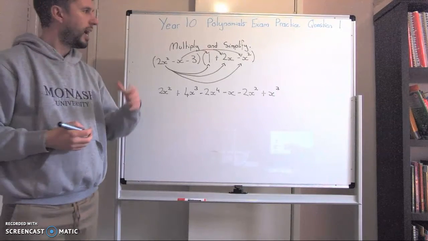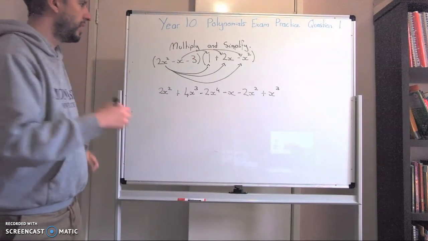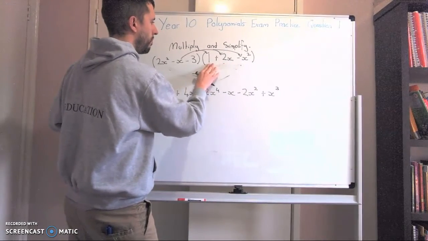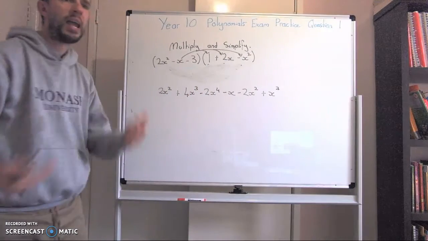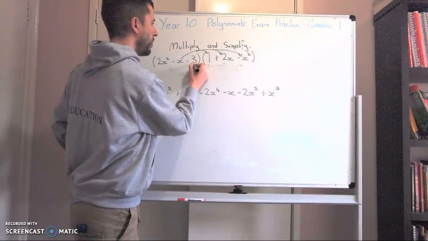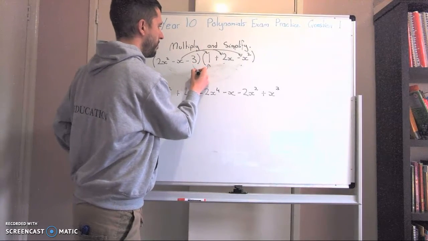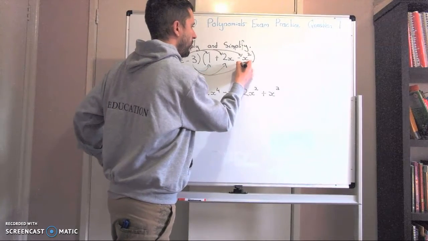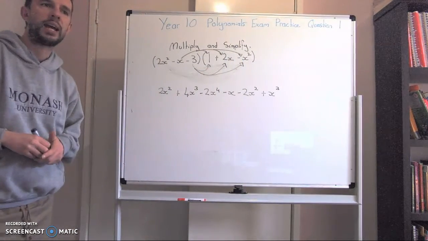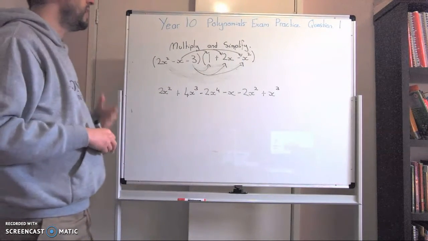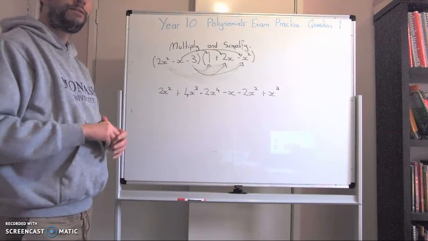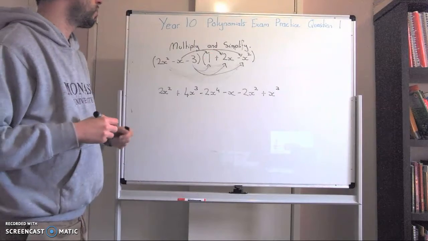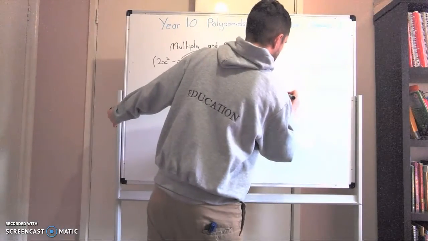Now finally, I need to look at my third one. To make it easier, I'm just going to take off this part here, so I'm able to see. Now I'm doing negative 3 times 1, negative 3 times 2x, and negative 3 times negative x squared. Negative 3 times 1 is negative 3.